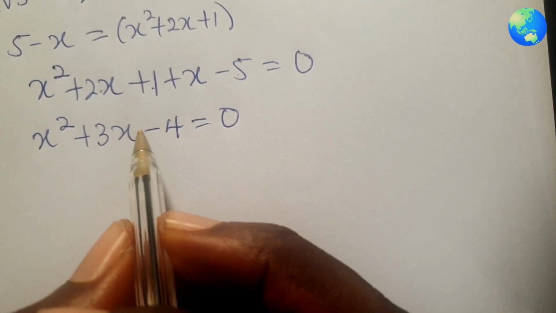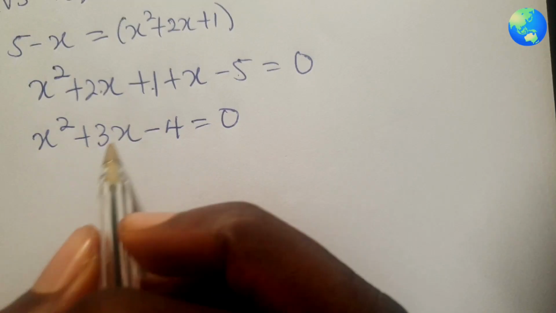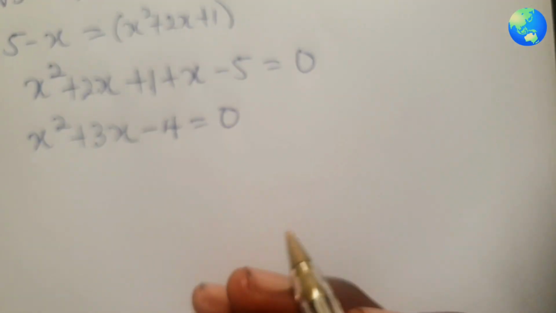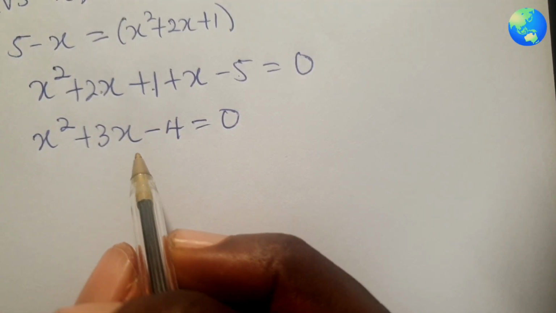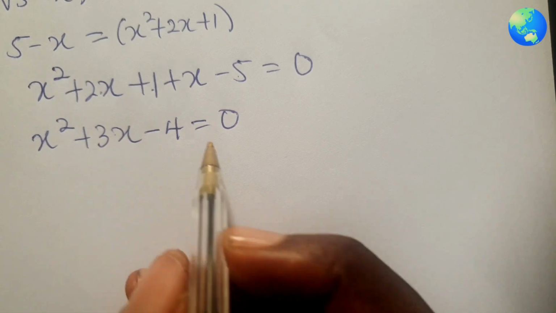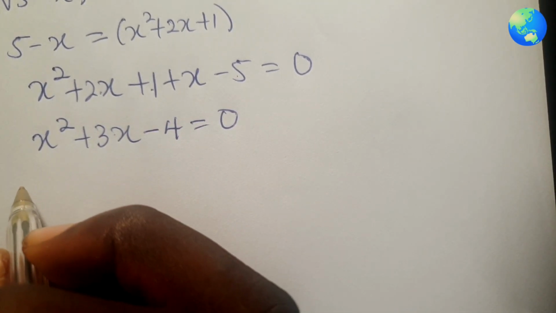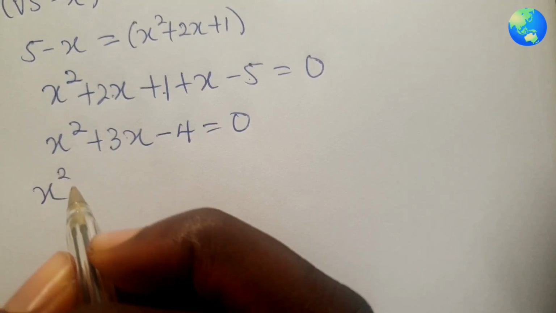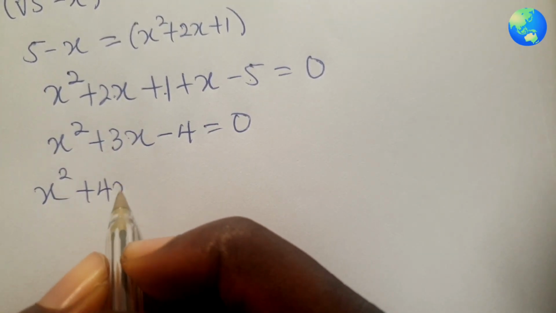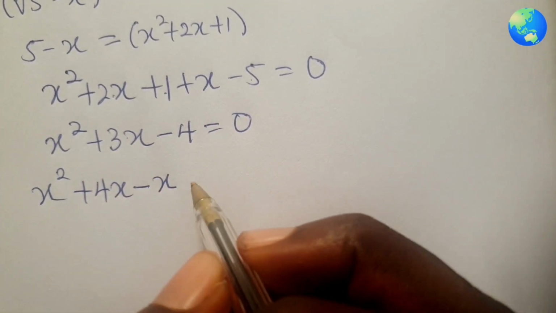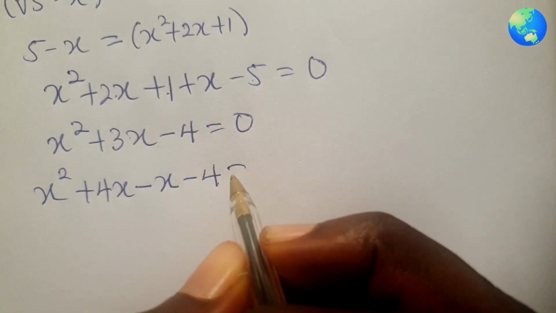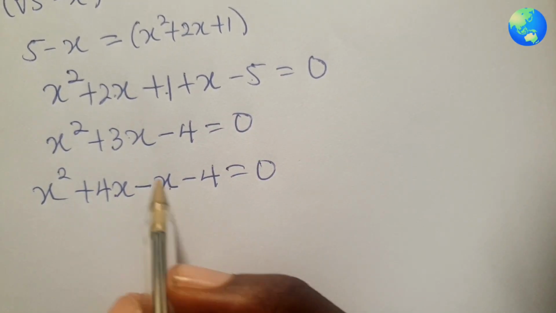After this, I can factorize because this is a quadratic equation, so we can just factorize easily. We need two factors such that if I add, I have 3, and if I multiply, I have negative 4. And the only numbers I can think of give x squared plus 4x minus x minus 4 equals 0. 4x minus x is 3x.